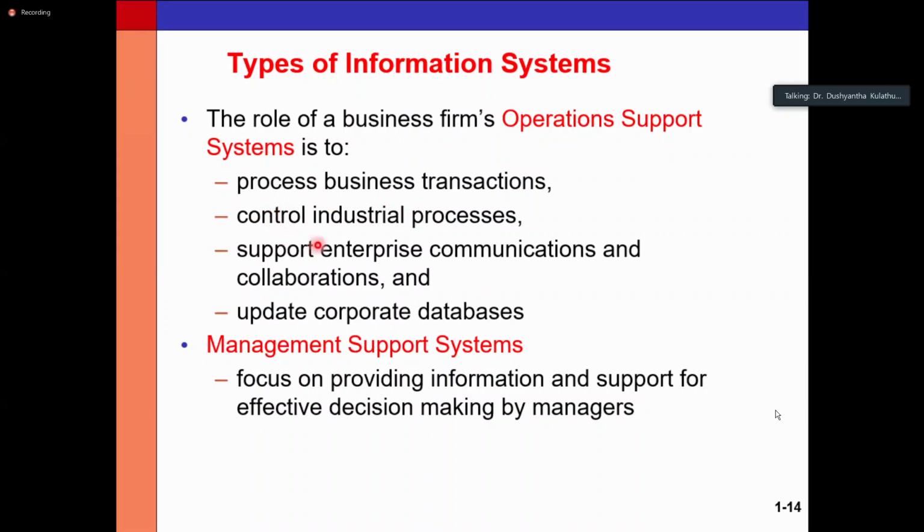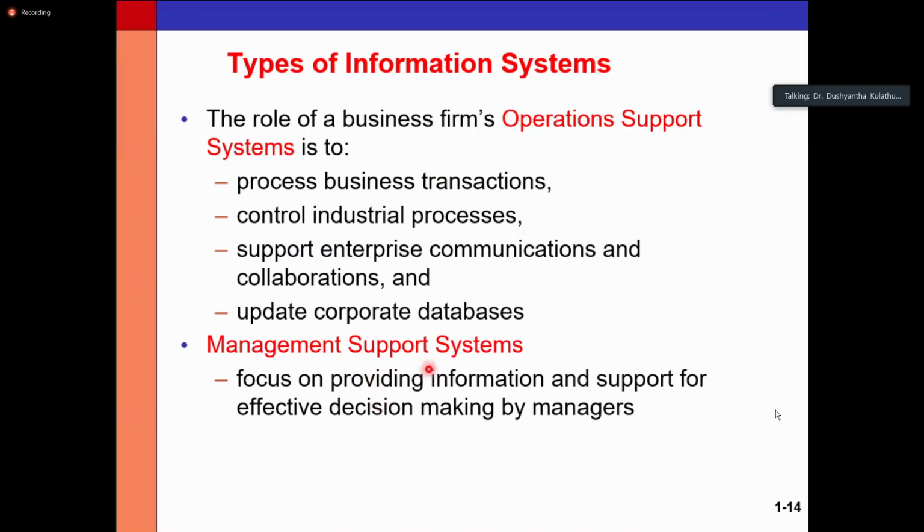So there have to be systems which enable the organization to control the production process. That can also be facilitated by automated systems, which come under operation support systems. Supporting enterprise communications and collaboration is also done by operation support systems, and as I mentioned earlier, updating the corporate databases. Those are some of the tasks performed by operation support systems.